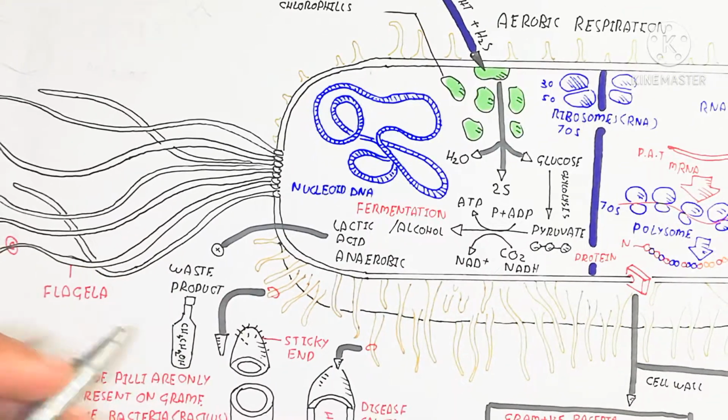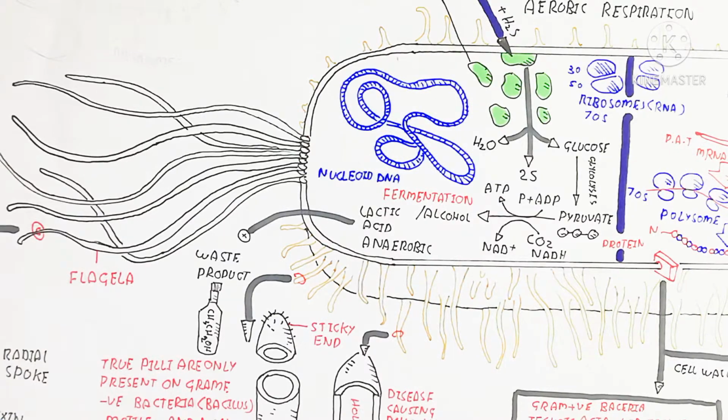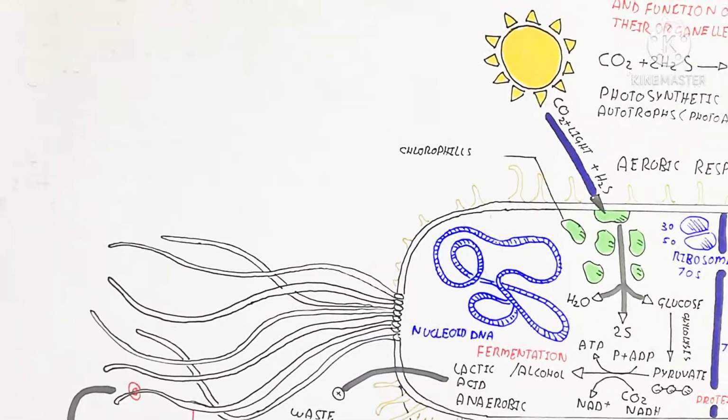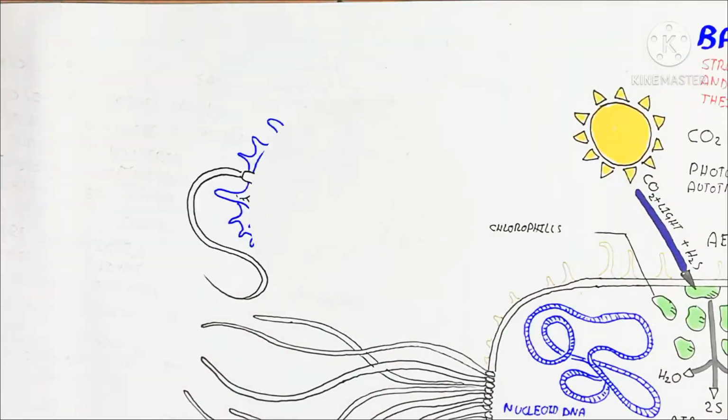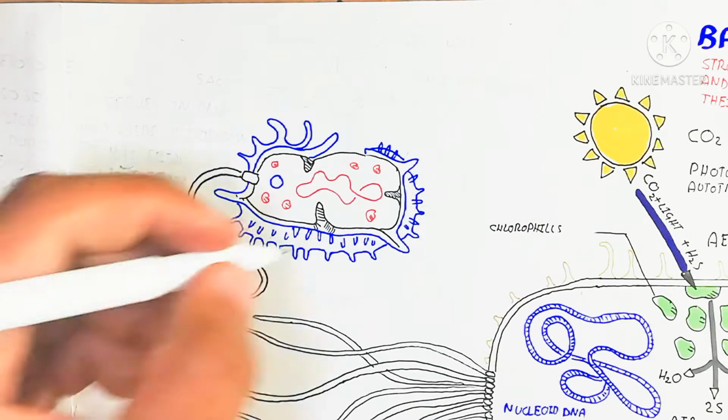For example, Saccharomyces cerevisiae is an important example, but that is basically yeast, which is a eukaryote, not a prokaryote. But bacteria are also used for lactic fermentation.